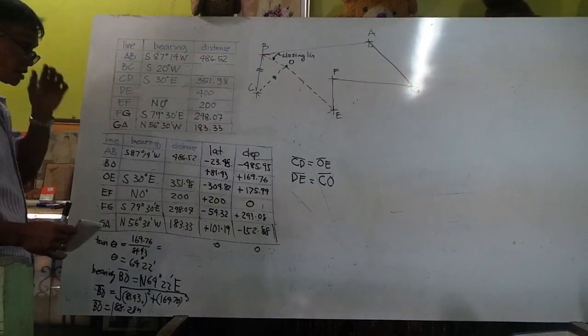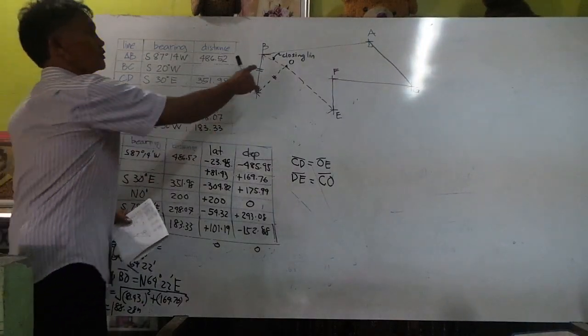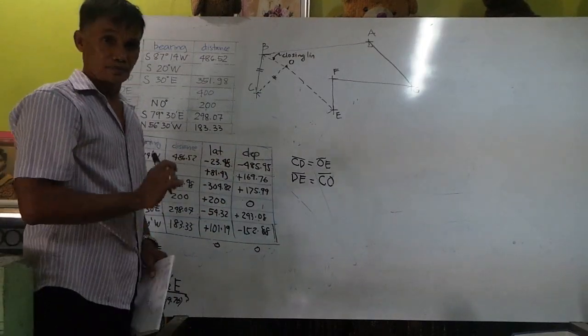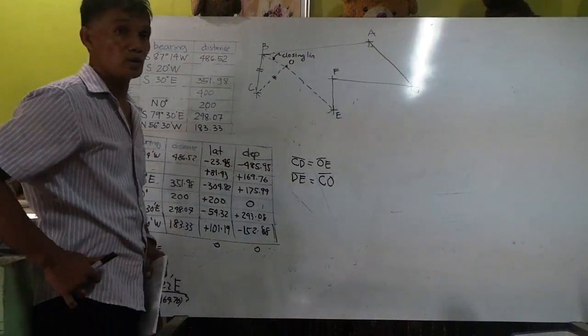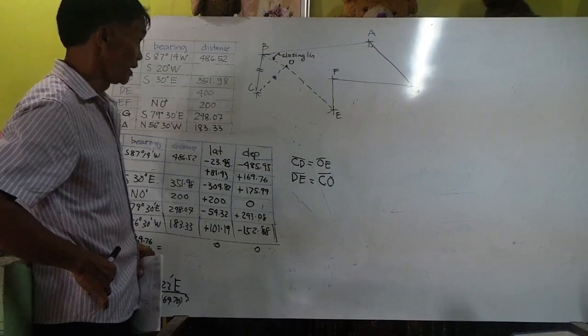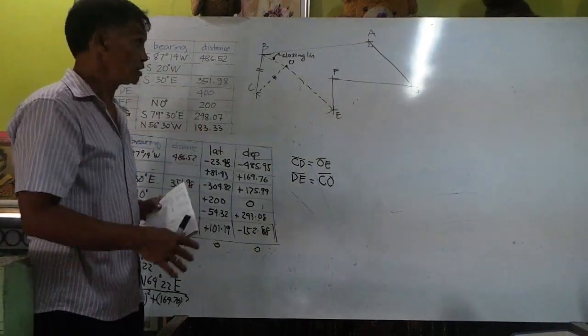So after solving the description of our closing line, which is BO, you now concentrate on your triangle.